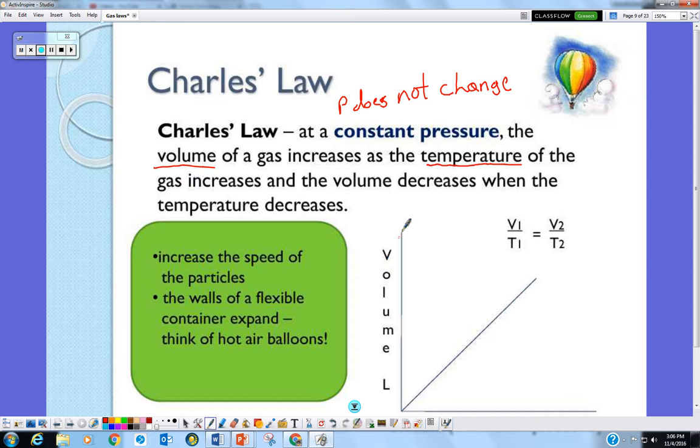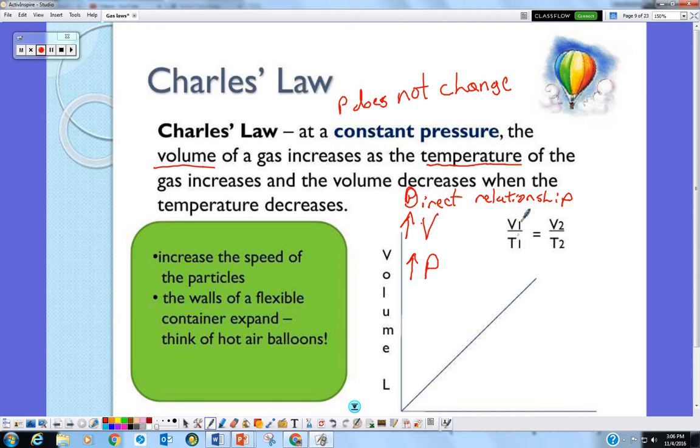And so this one is a direct relationship. So if it's a direct relationship, if we increase the volume, what should we expect for temperature to do? We should expect an increase in temperature as well.